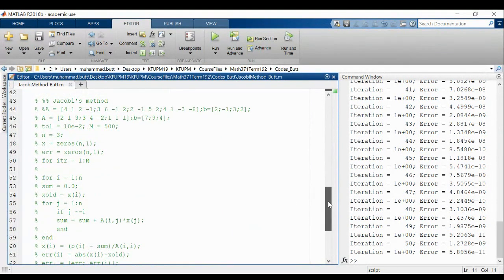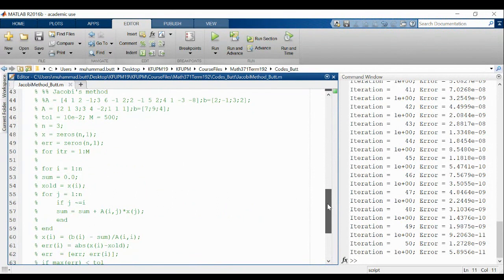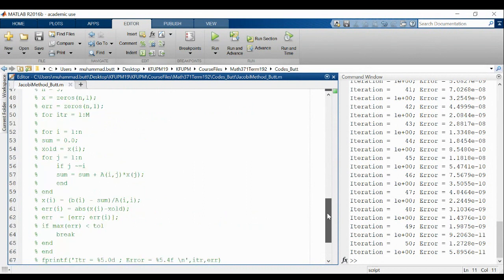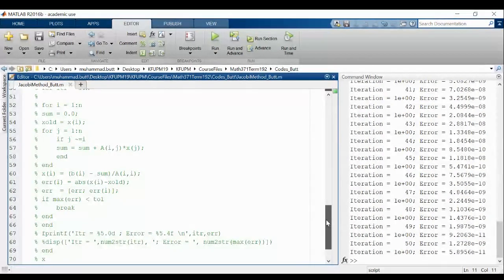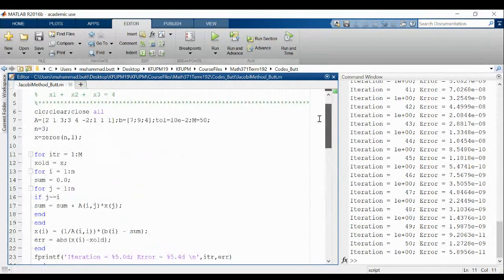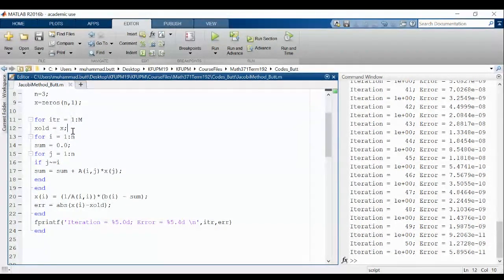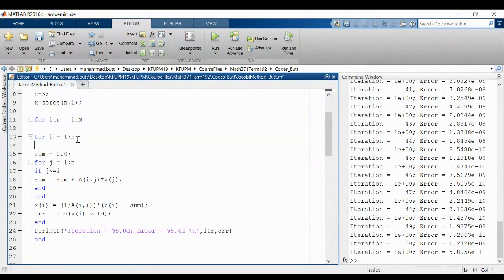So we have to select what is x old. Yes, this x old actually here. In the beginning we called x old equal to our initial guess. This was the only thing.